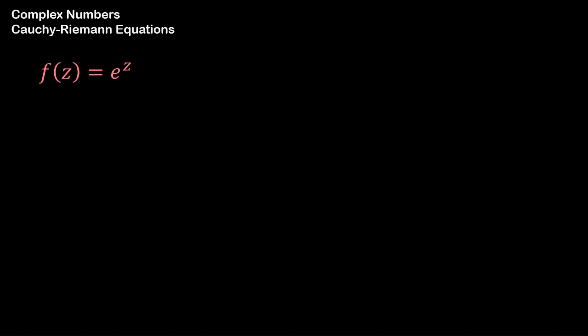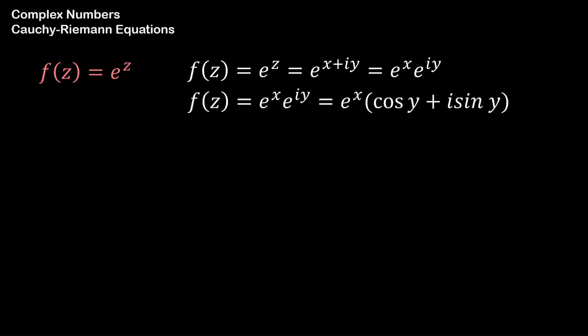Next example is f of z equals e to the z. As we all know, e to the z is equivalent to e to the x plus iy, so that we can separate the e to the x constant value and have our e to the iy, which, as we all know, is cosine y plus i sine y. So we will have the equation e to the x times the quantity cosine y plus i sine y.